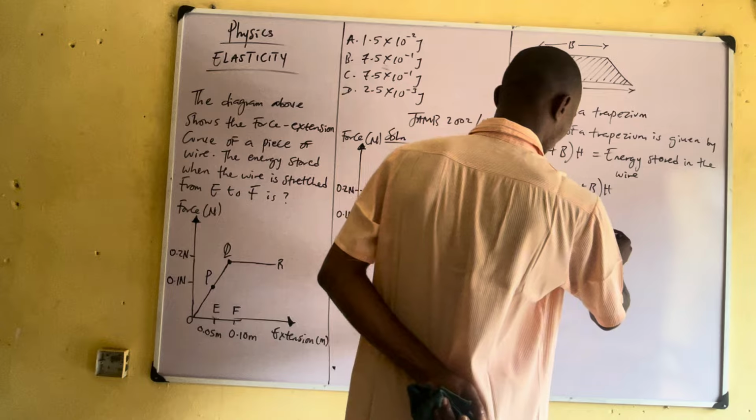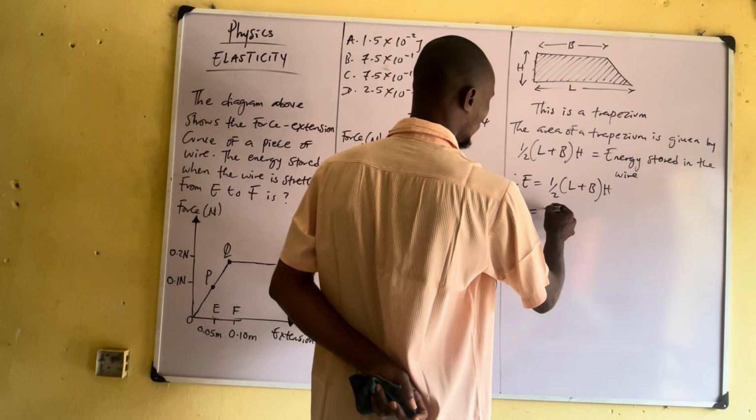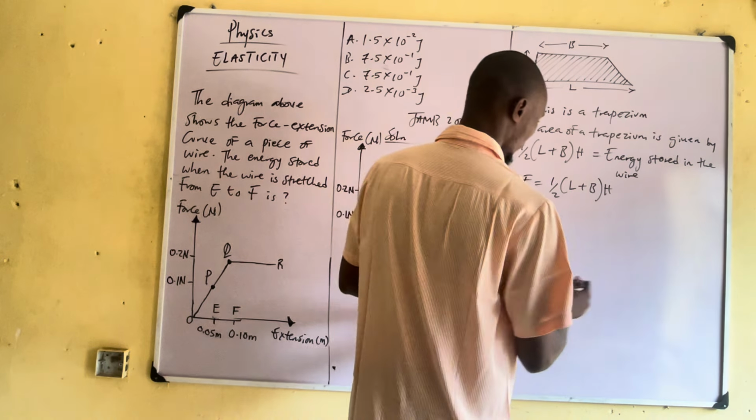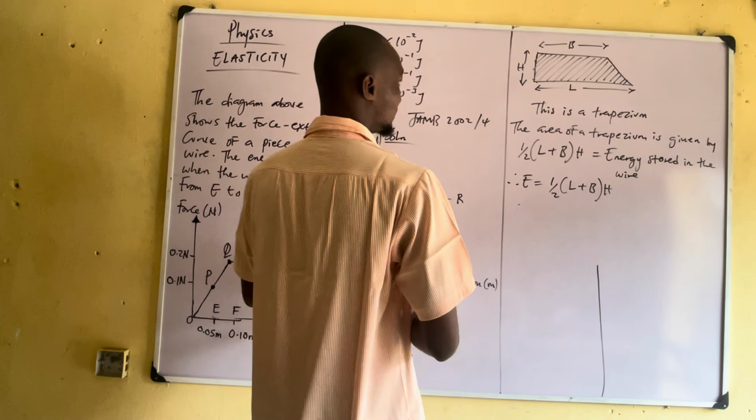So can I divide this place? Okay, this place will be enough. So E now is equal to, we have to state our diagram again.